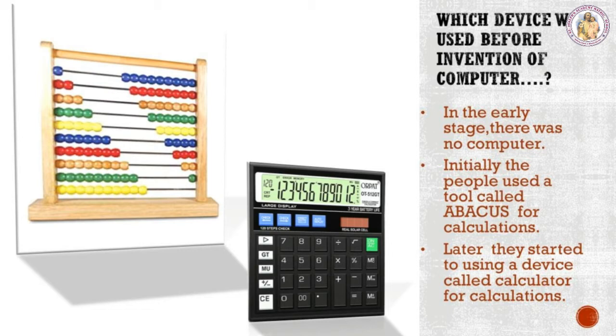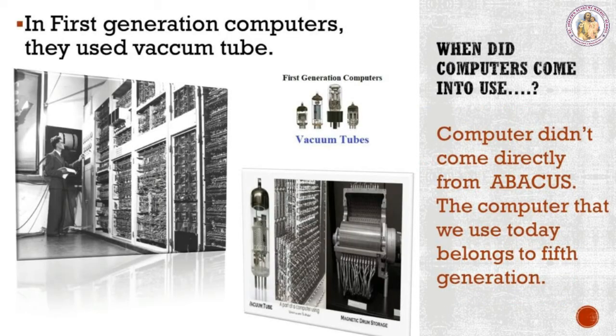Initially people used a tool called the abacus for calculation. Later they started using a device called a calculator for calculations. So when did computers come into use? Computers didn't come directly from the abacus. The computers that we use today belong to the fifth generation. So there were four more generations previous to this.